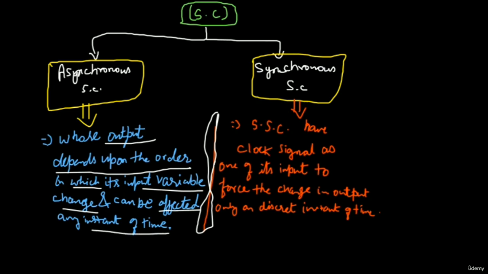As we do not have the clock, we do not know when this thing is going to change. But in this case, we have a clock signal, so we know exactly when a function has to hit and change the output at a discrete instant of time. Here, discrete instant of time simply means that particular instant of time.